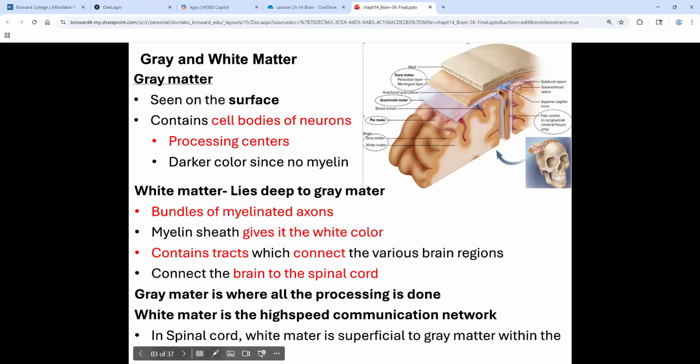So the brain has an outer gray area, and when you cut it, you can see the inside is white in color. So you have an outer gray area, which is called the gray matter, simply because it's gray. And the inside is white, so we call it the white matter. Simple. What is gray matter? Gray matter is a collection of the cell bodies of the neuron.